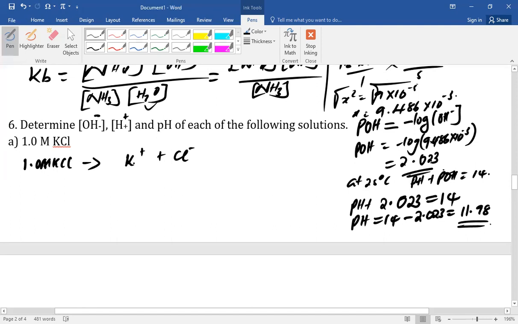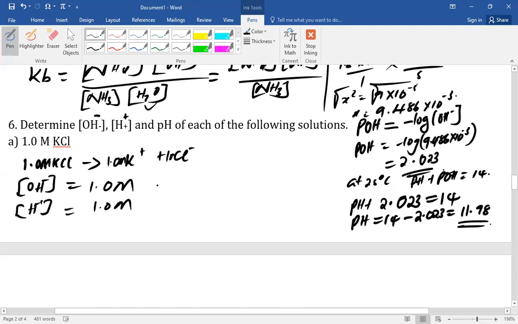Because this is just 1-to-1, all you do is multiply with the stoichiometric coefficient. So the concentration of the hydroxide ion and the concentration of the hydrogen ion is again 1.0 M.